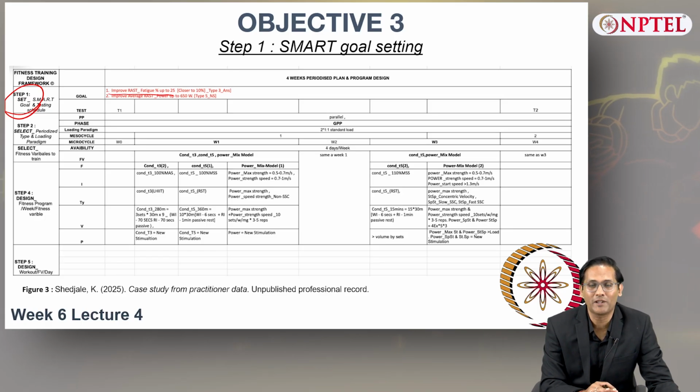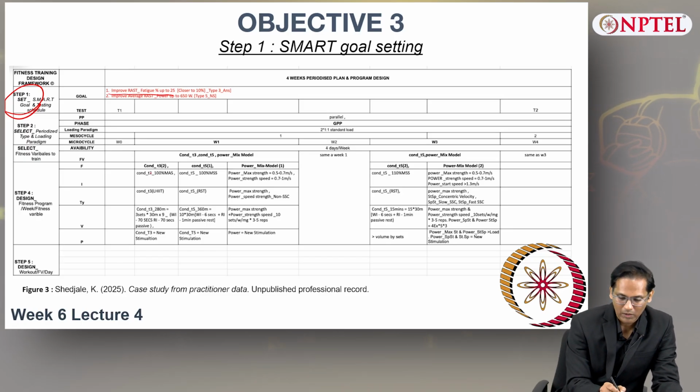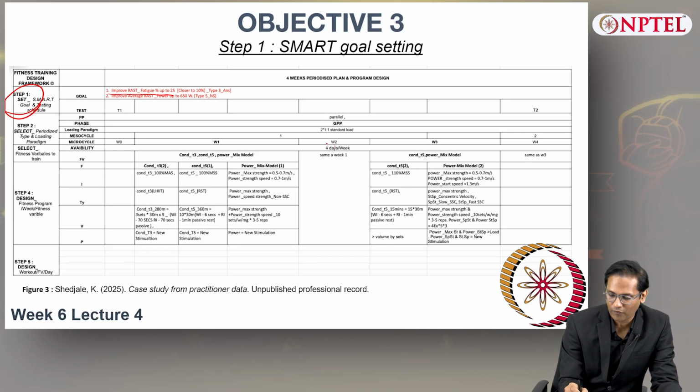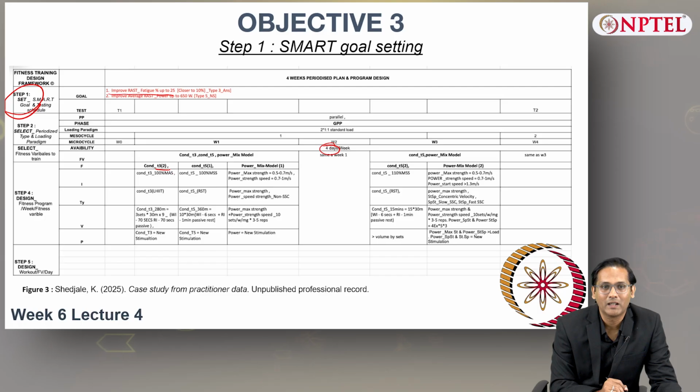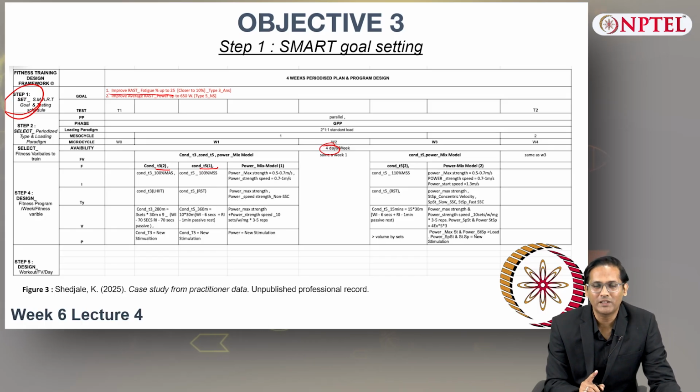Now within this periodized training, what are we going to train? So the availability of the training is 4 days. So in week 1, the focus is first on increasing aerobic conditioning, type 3, 2 sessions for that, and then 1 session for increasing the average speed.